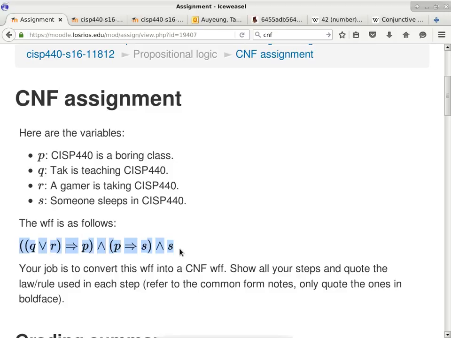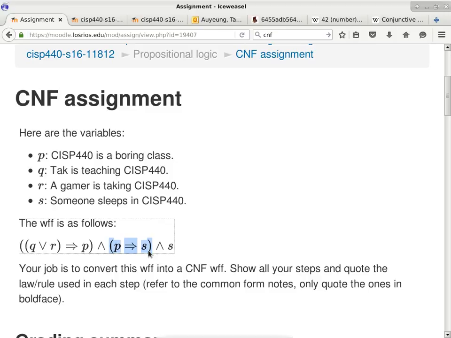It comes close, because overall we have some ands, but it is not in CNF because each component by itself is not in CNF. So this one is a little bit easier because you just have to deal with each individual component. If you turn this one into a CNF by itself, and this one into a CNF by itself, then you're done, because the conjunction of any CNF with another CNF is a CNF.